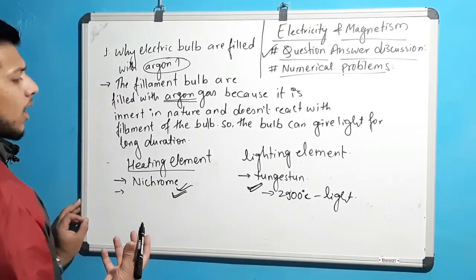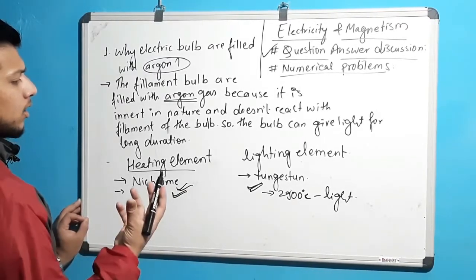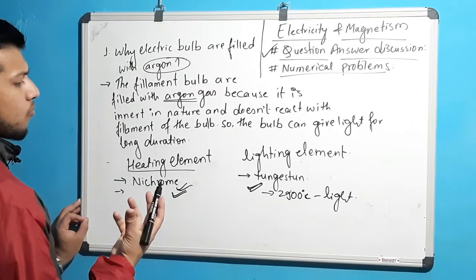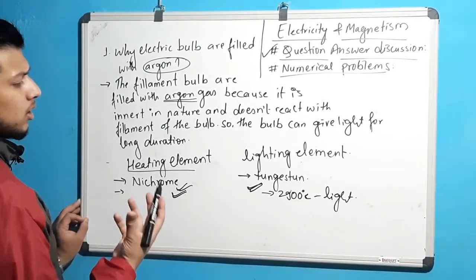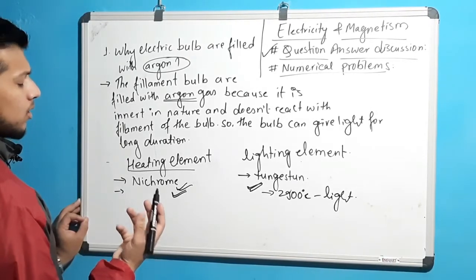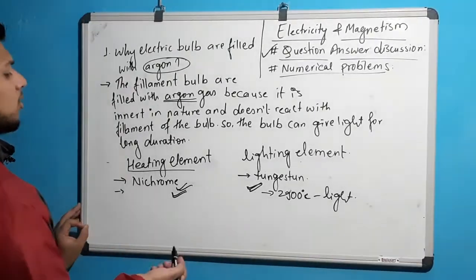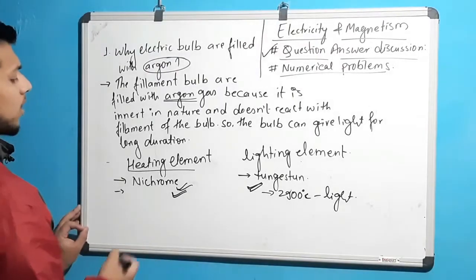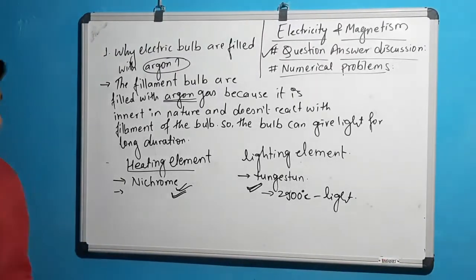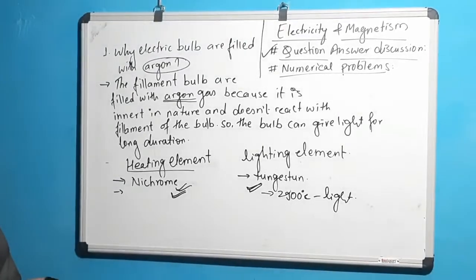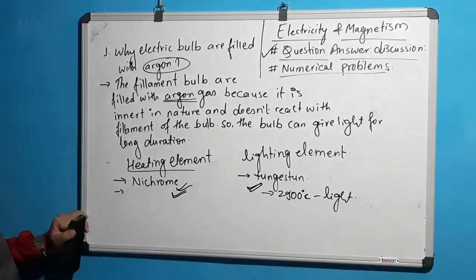And tungsten has high resistance but does not give a heating effect. If it is heated to a very high level, it can melt. But nichrome does not melt at this temperature. Nichrome needs a very high temperature to melt.